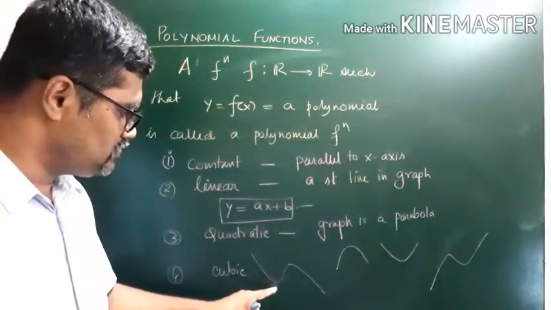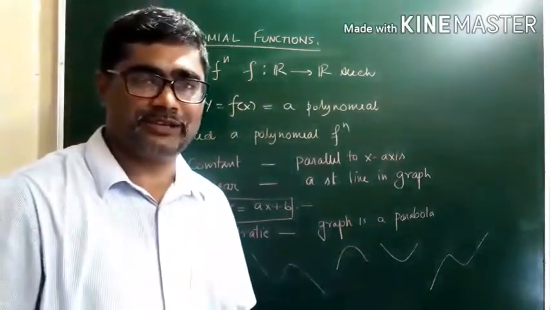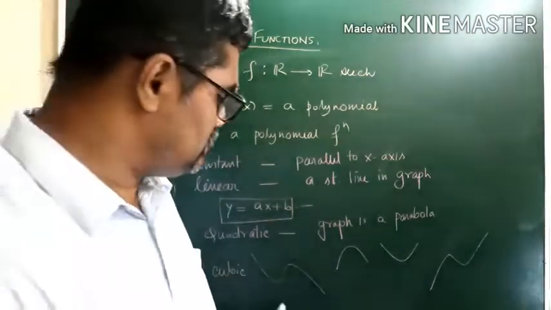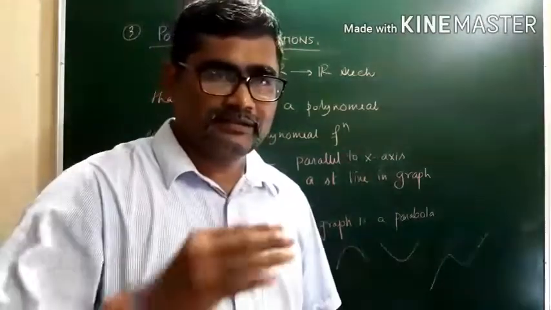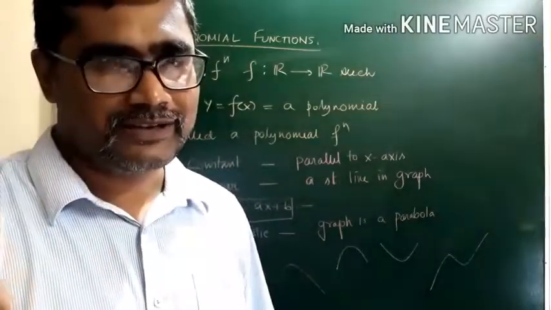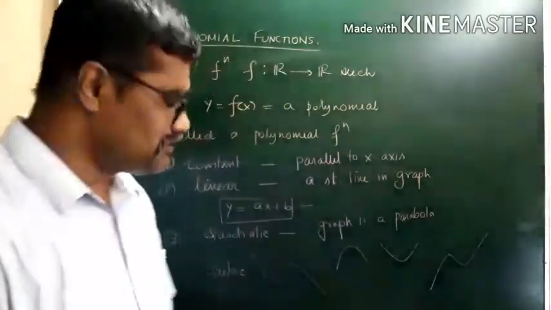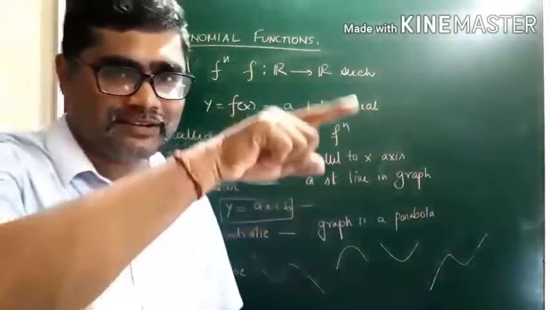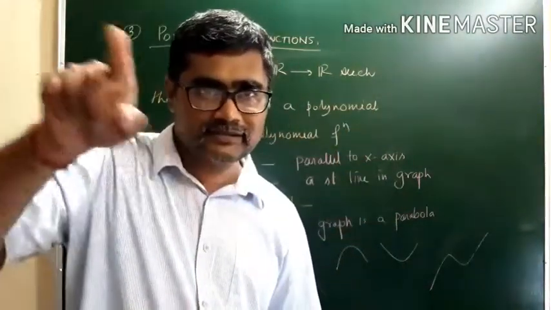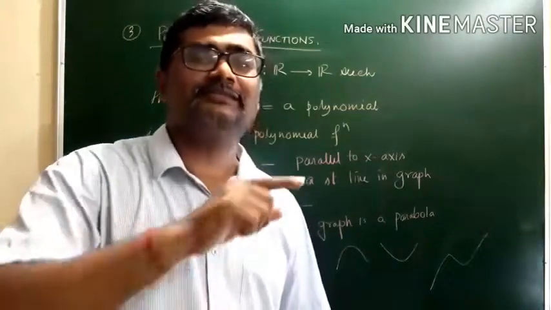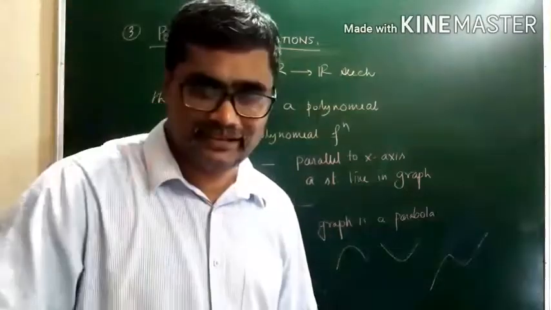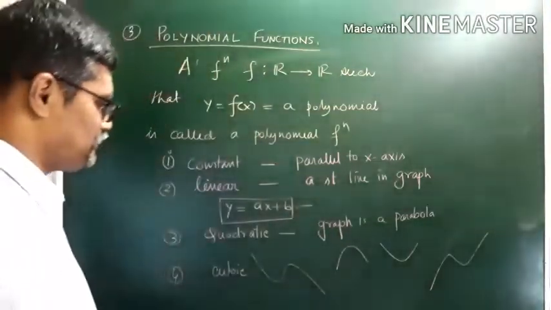There will be two such turnings if it is cubic, once you draw the graph. Now I will not discuss further, just let me give you hints. If it is biquadratic, that means the power is 4, then there will be three such turnings, like this or like this, right? Similarly, if the degree is 5, there will be 4 such turnings. That's the idea it will go, right?